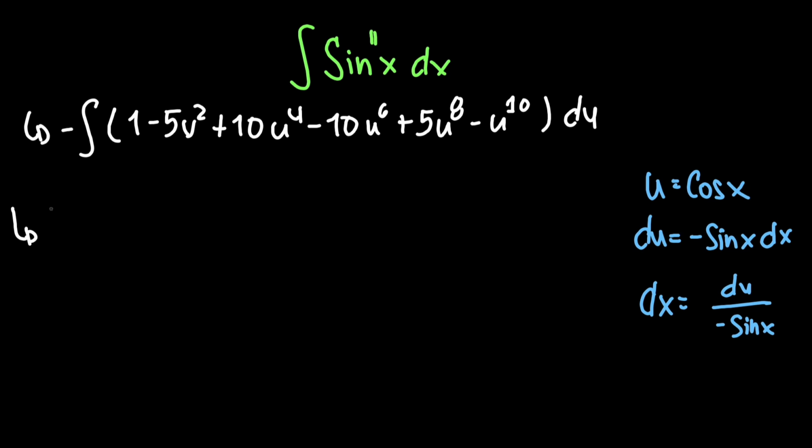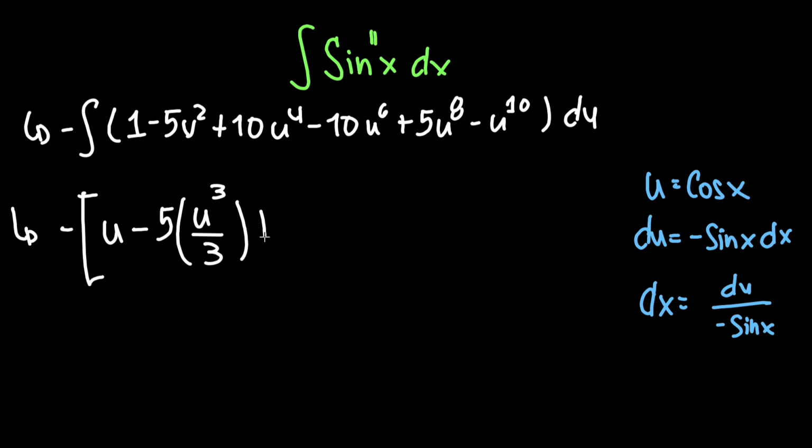Let's do that. First, put negative sign outside this and multiply this by the value of this integral right here, starting with the integral of 1 du, which is simply u, minus 5 multiplied by the integral of u squared would be u to the power of 3 over 3 plus 10 multiplied by the integral of this one would be u to the power of 5 over 5, and just integrate the rest.